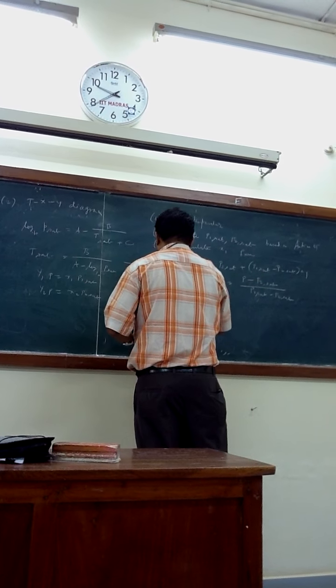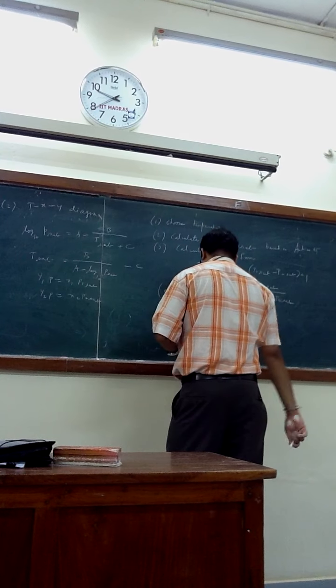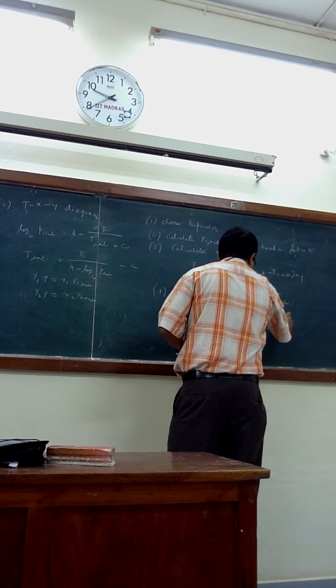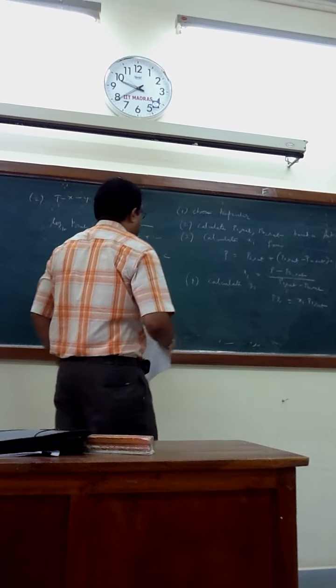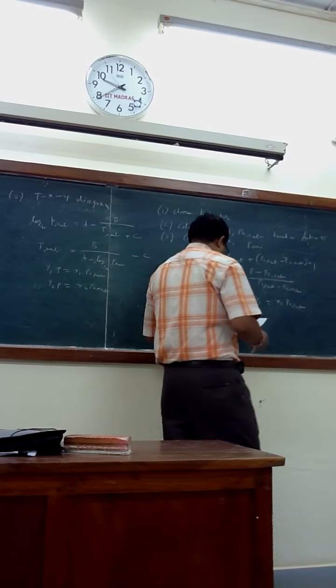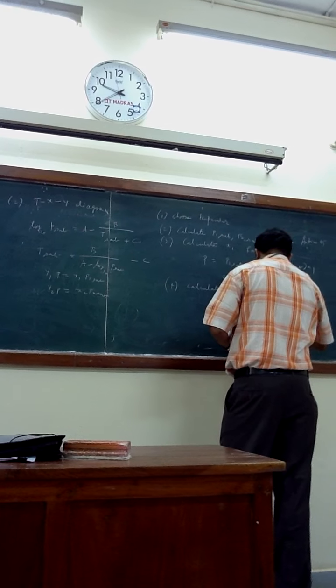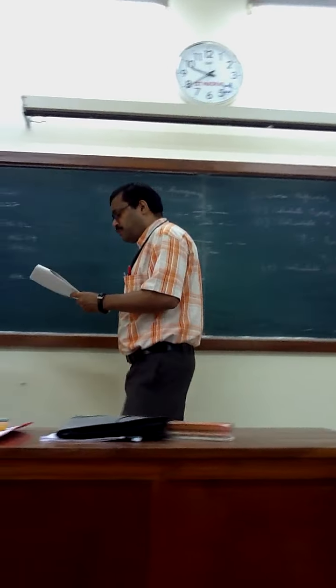Number 4, calculate Y1: P Y1 equals X1 P1 sat. P1 sat is obtained from the second step, and P is known since the pressure is fixed, so Y1 is X1 P1 sat by P. So, a four-step calculation.